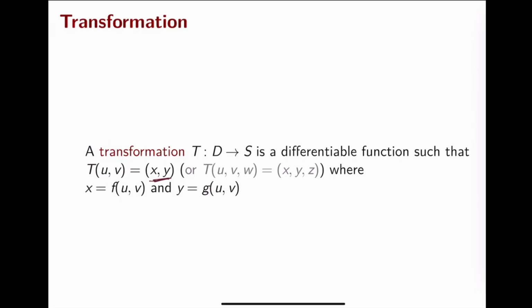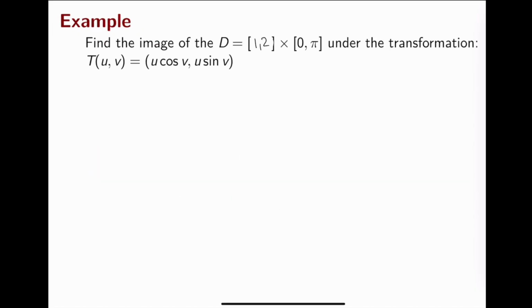So that can be extended to any number of coordinates. For instance, for 3 coordinates it will be something like that, where each of the components here will be functions of u, v, w. So let's find the image of this domain under this transformation. I mean, this particular function.